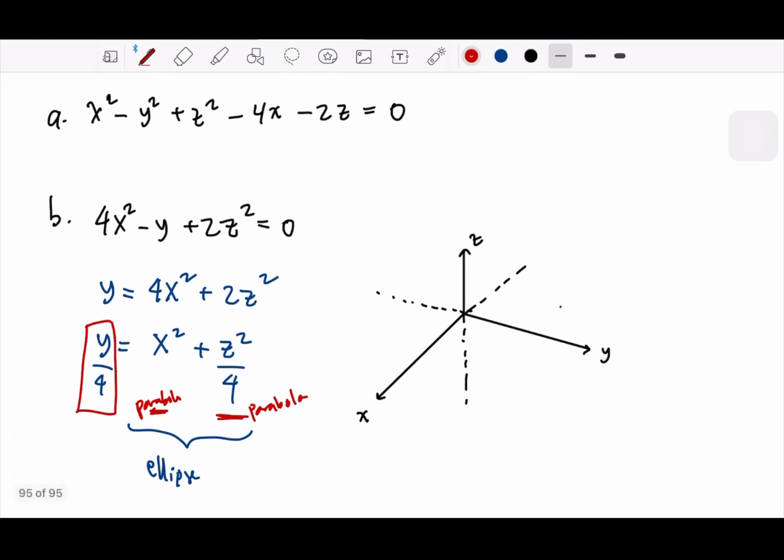Okay, let's make it into this equation, and this is the other parabola, and this is how it looks.